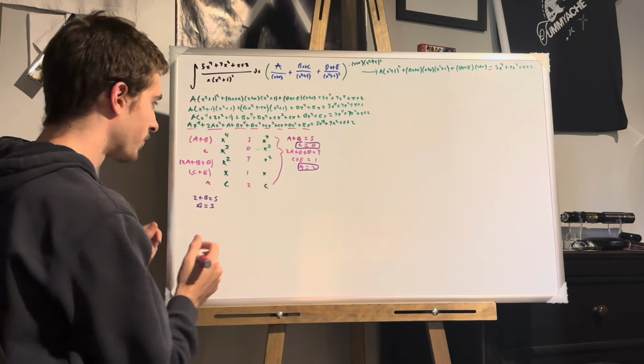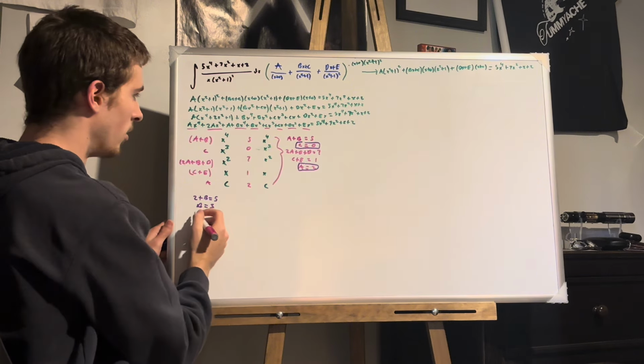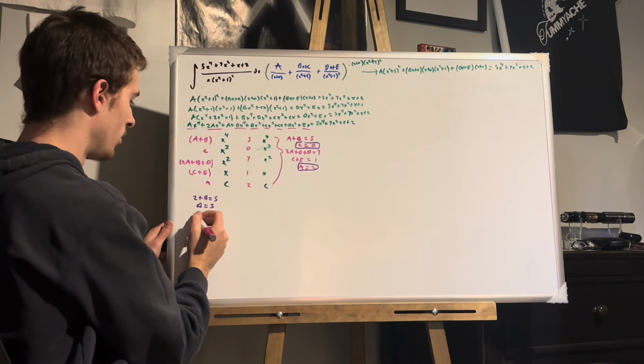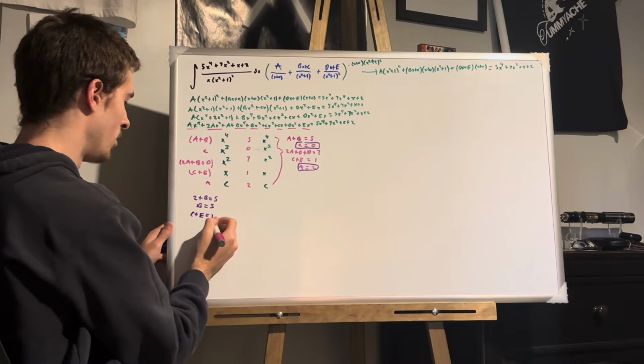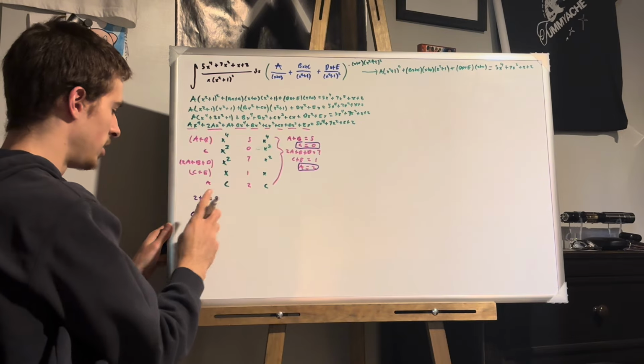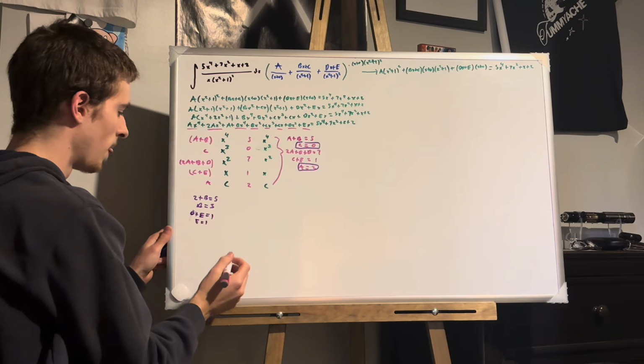All right? And now if we do something like, I don't know, what can we do? C plus E equals 1. Okay, or C is 0. Well, what does E equal then? E equals 1. Okay.